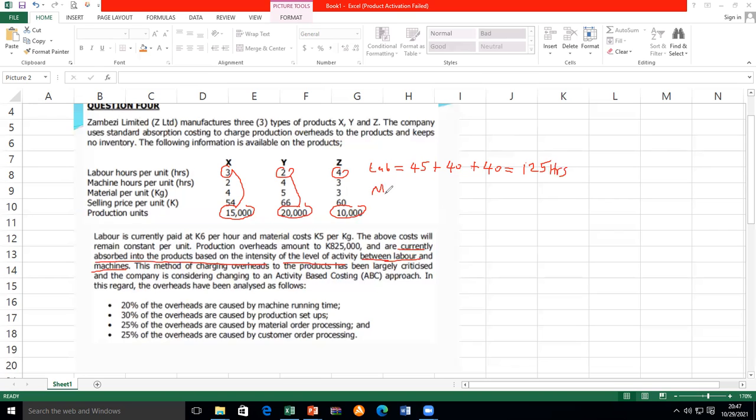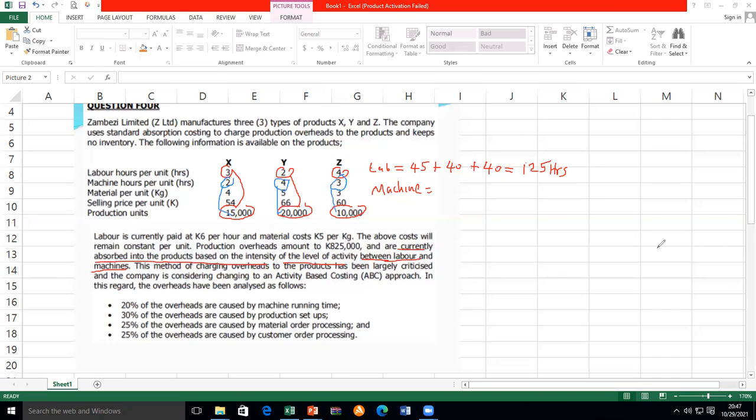What of machine hours? You multiply this time around, multiply that by that. Again, you take that by that, and again, you take that by that.